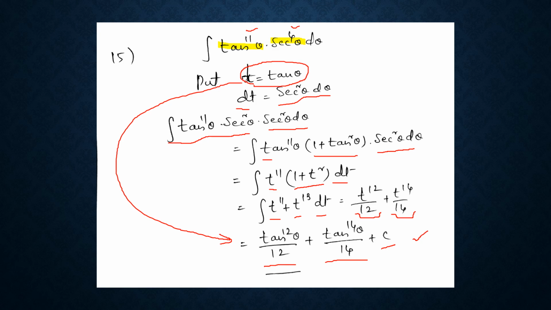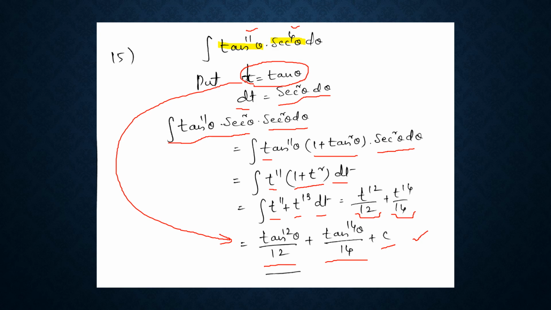If m and n are positive integers and one is odd and one is even number, then by substituting the function which is having even number, we can simplify the problem. If two powers are odd numbers, then we should take the function which is having the higher power as t. Substitute t so that we can simplify the problem.